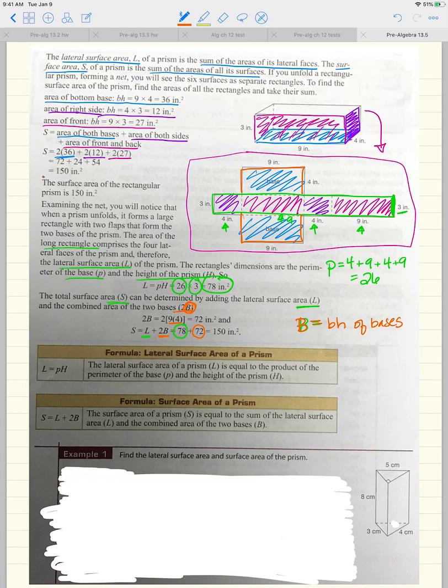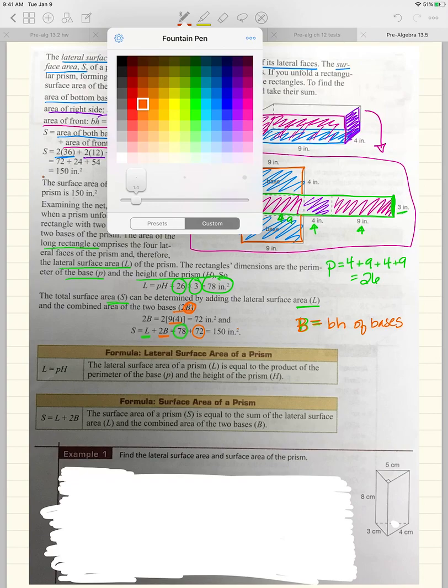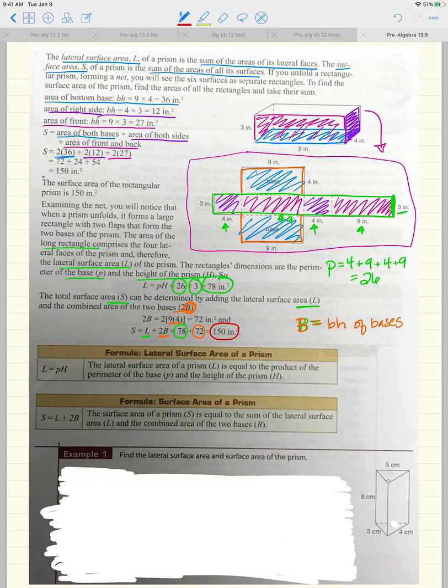Guess what we ended up with? 150 inches squared. What did we end up with in our other surface area formula? 150 inches squared. It's the same, okay?